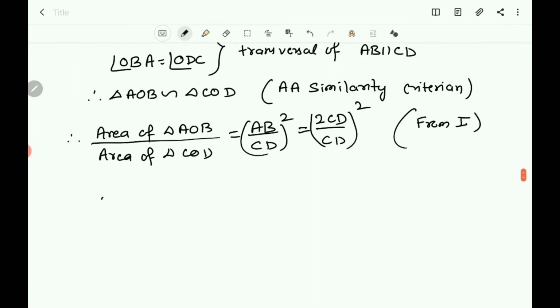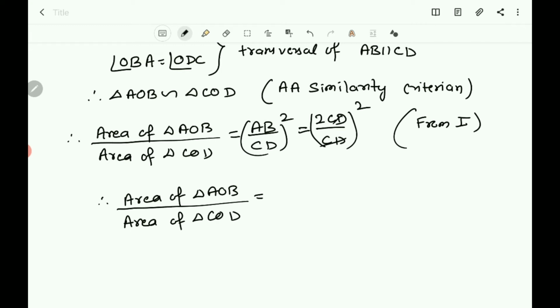Therefore area of triangle AOB by area of triangle COD is equal to, CD cancels, 2 by 1 the whole square, that is equal to 4 by 1. In the question what you have to find out?